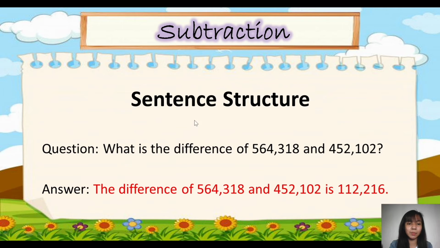The answer must be: the difference of 564,318 and 452,102 is 112,216. Okay, so this is how you're going to write your answer. It must be in a complete sentence.